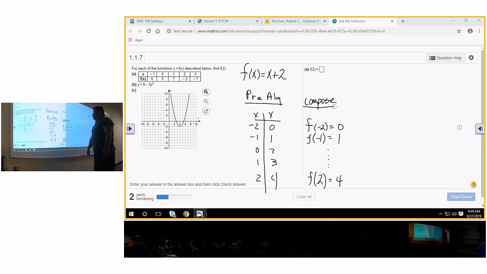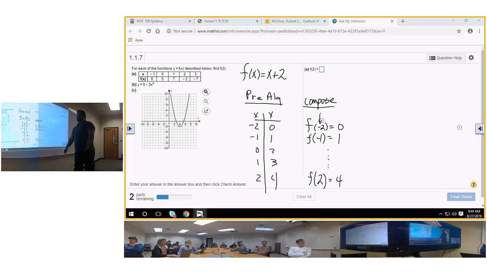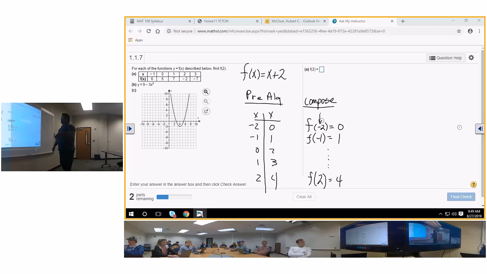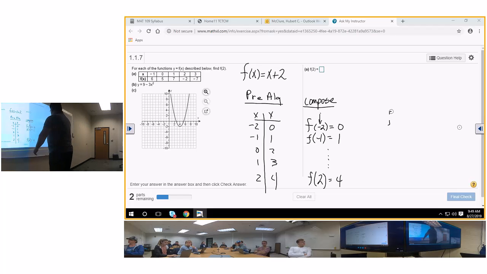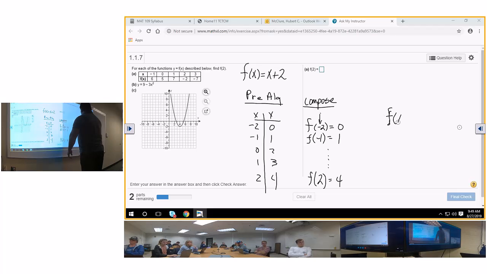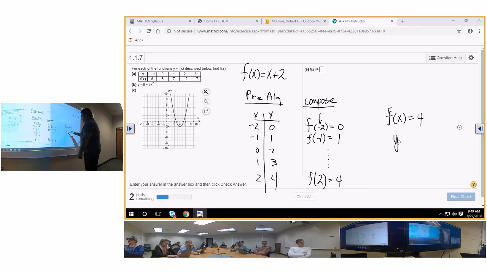Meaning that whatever's in the parentheses, you're going to plug into the function. Well, what if you get something like this? F of x is equal to 4. Well, that's the same thing. Go back to your redneck roots in pre-algebra. That's the same thing as saying y is equal to 4.